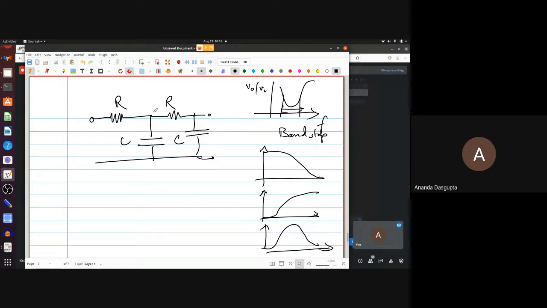So here, what we are interested in is what kind of frequency dependence the circuit will have. The details, of course, you have to calculate the whole thing. But here, for example, at very low frequencies, the capacitors will behave like what?